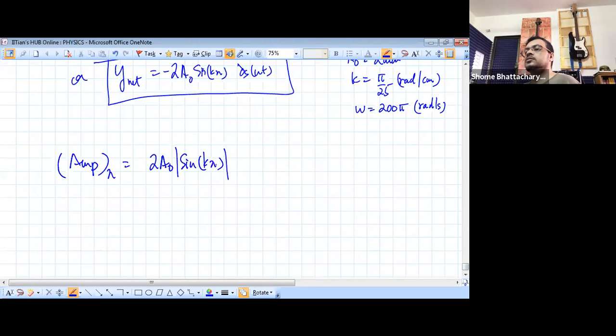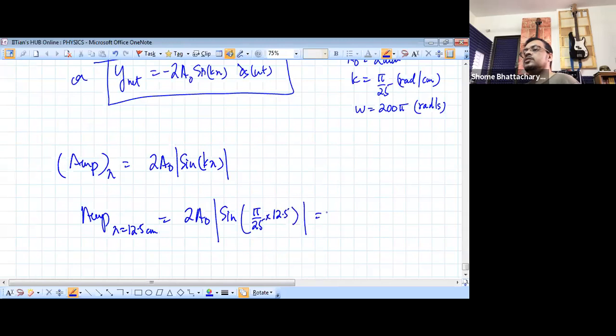So you can see that amplitude at x equal to 12.5 centimeters is 2a naught sine of this. So it is in fact equal to 2a naught. It is 4 millimeters.